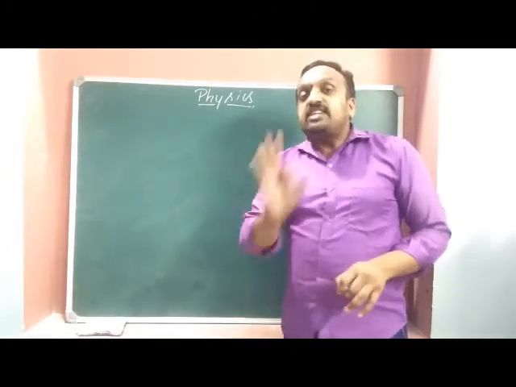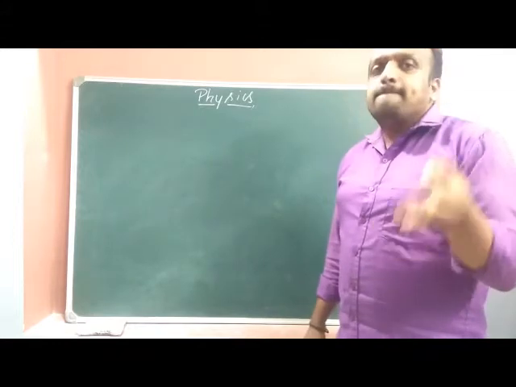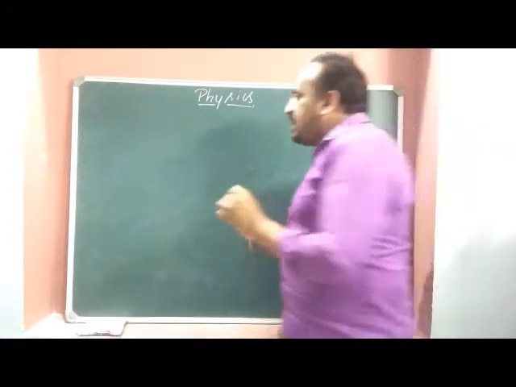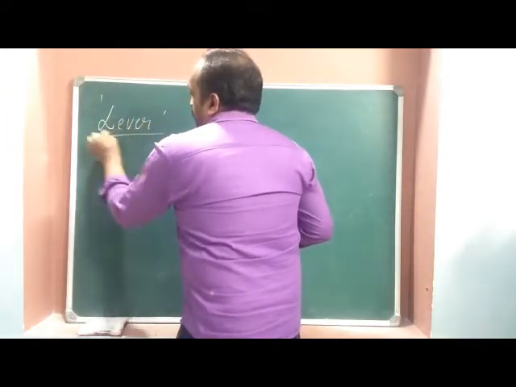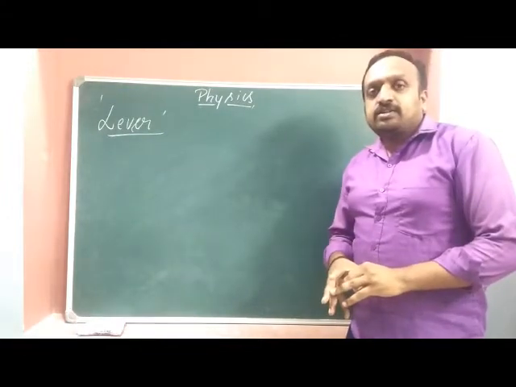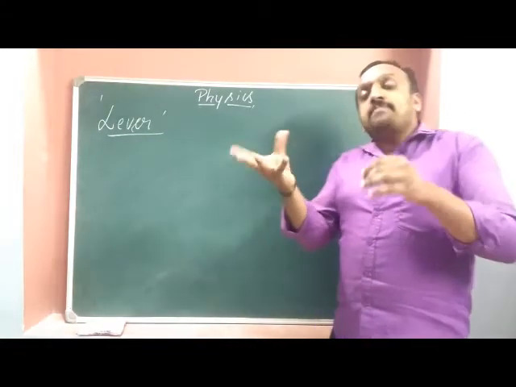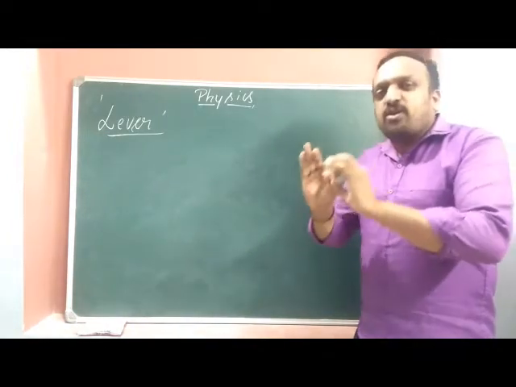Now let us discuss one of the basic machines, that is a lever. So what is a lever? A lever is a rod that can turn about a fixed point. That's all. That is a bar or a rod.